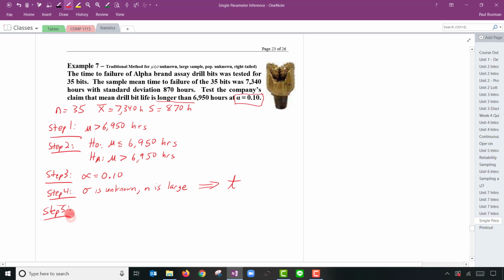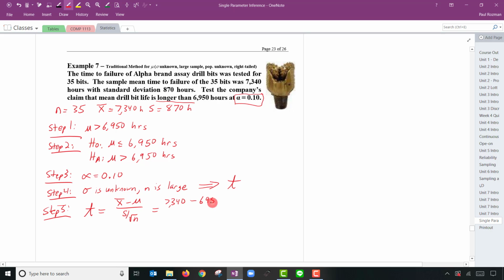Step 5 is calculate the test statistic. For this guy, it's just a t-score, x bar minus mu, over s over root n. Our x bar is given above, 7340. Our mean is the null hypothesis. Now, we're assuming that the mean could be 6950 or less, but the closest call between the null hypothesis and the alternative will be when it is 6950.